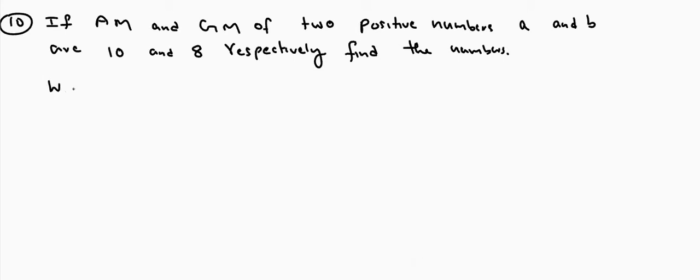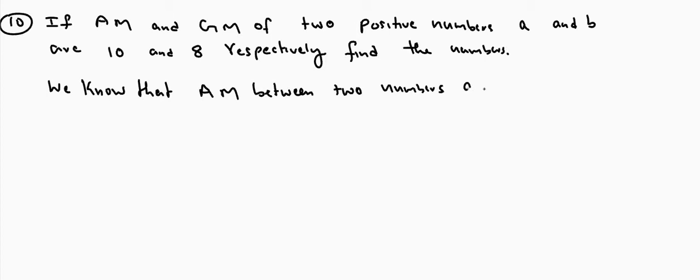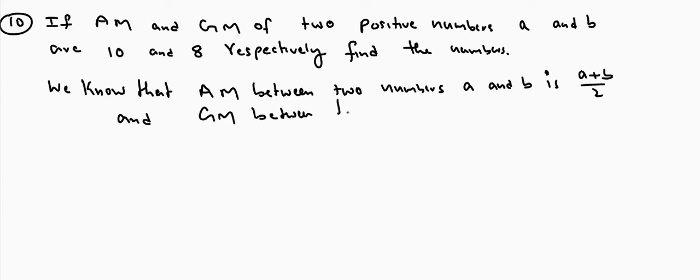We know that arithmetic mean between two numbers a and b is a plus b by 2 and geometric mean between two numbers a and b is square root of ab.